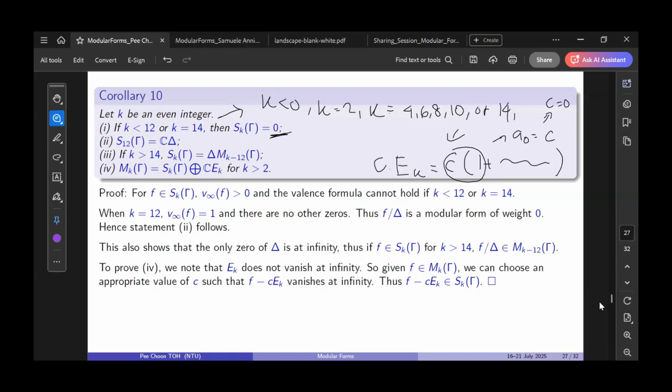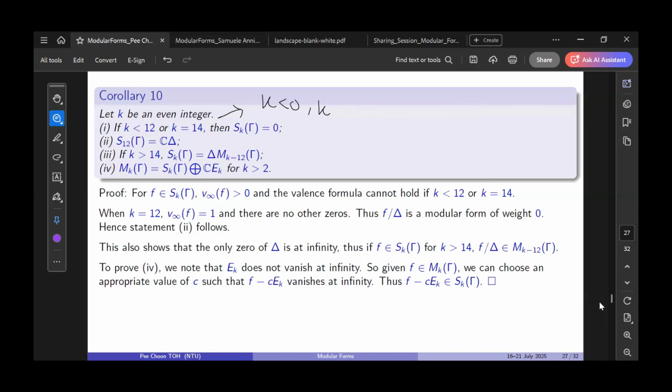Okay, then for the second property, the cusp form with weight 12 is always a constant times the cusp form that we have defined before.